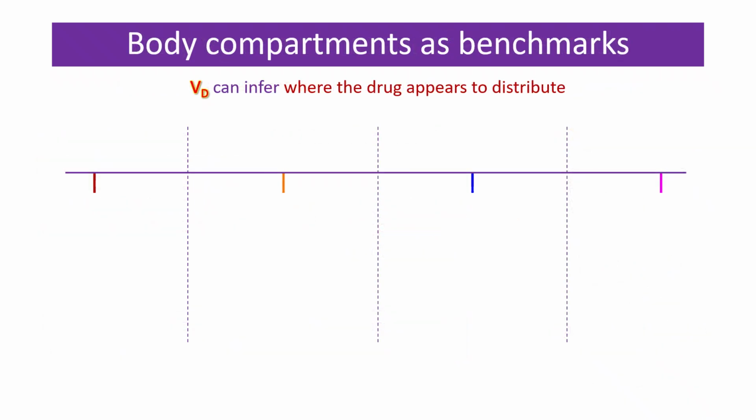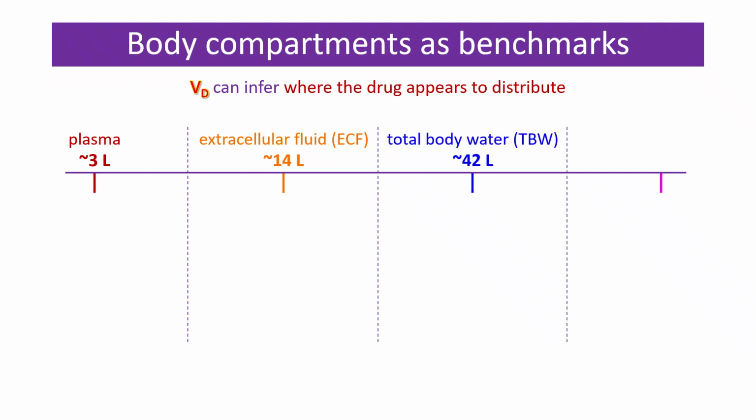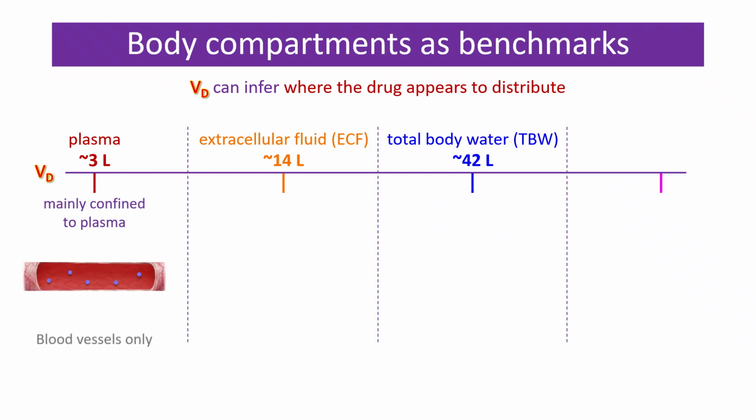To interpret volume of distribution values, it helps to compare them with body fluid compartments. The average adult human has around 3 litres of plasma, 14 litres of extracellular fluid, and total body water of around 42 litres. So, a volume of distribution of around 3 litres suggests that a drug is mainly confined to plasma.